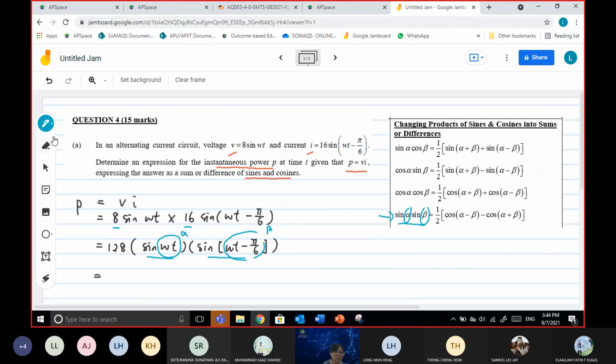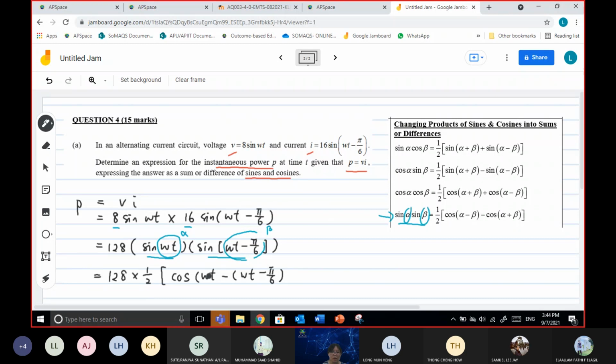According to your formula, you still have the 128, and when you use the formula there's a half. Then you open the bracket, so we can convert it as cos(alpha minus beta). Your alpha is ωt and your beta is ωt minus pi over 6.